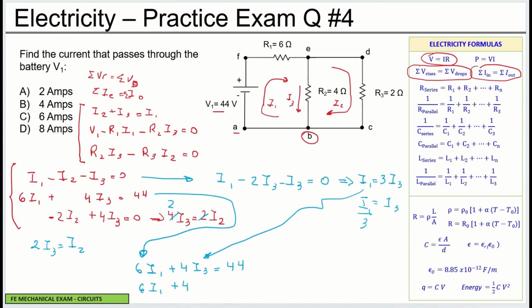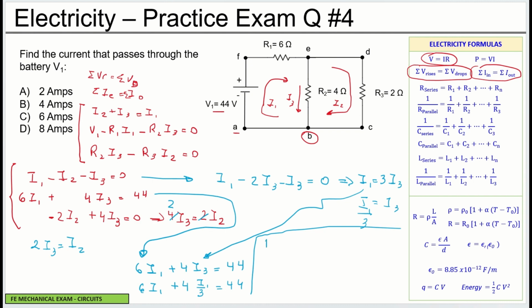So let's replace I3 by I1 divided by 3, equals 44. Now I don't like to use fractions, so let's convert this equation in a different way. Let's multiply by 3.